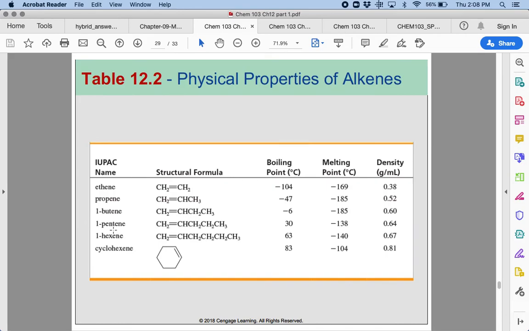We could have 1-pentene, or 2-pentene, or 3-pentene, so you need to be able to identify where that double bond is. We're just showing you the 1 series here. And again, we see the same trend, that as they get bigger, their boiling points and melting points get higher.